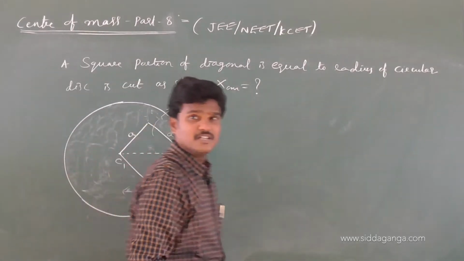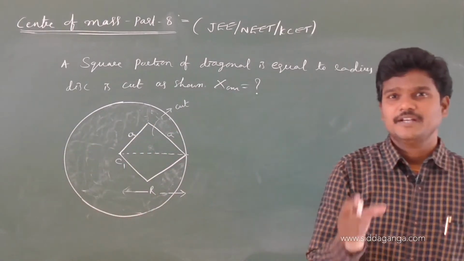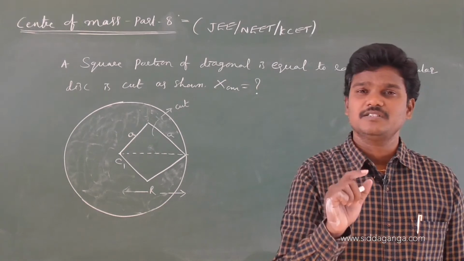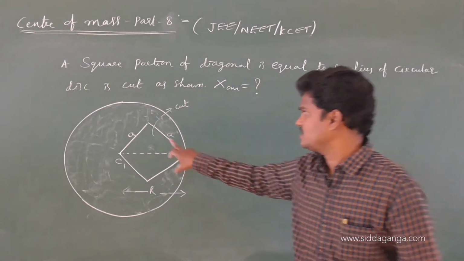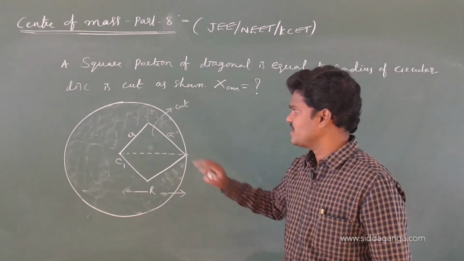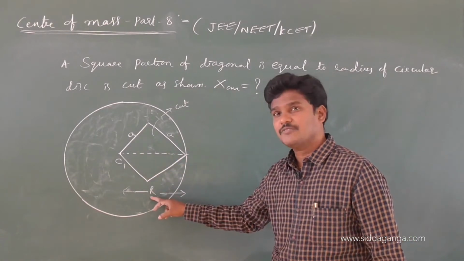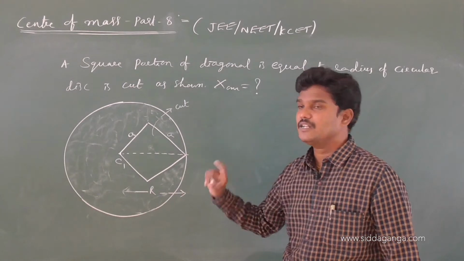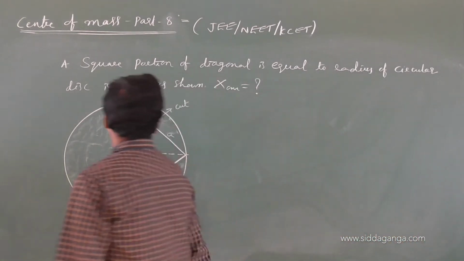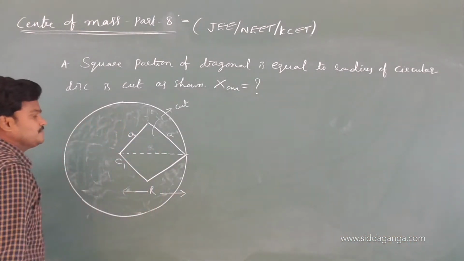So, from a circular disc of radius capital R, a square portion of diagonal equal to the radius is cut. This is the square plate whose diagonal is equal to the radius of the disc. This is going to be cut. Then let us get the shift in center of mass.